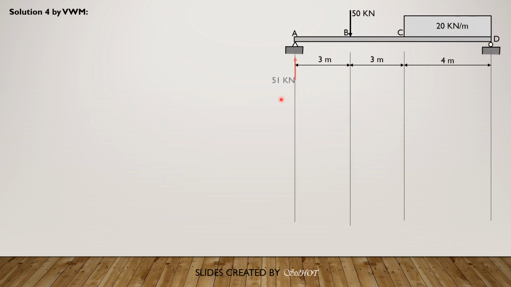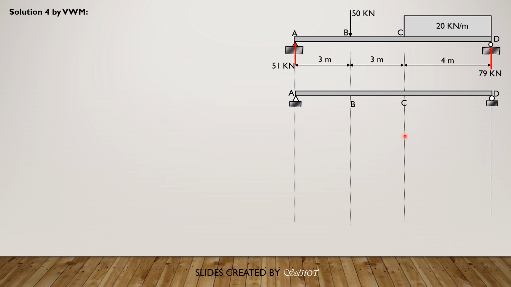Next, we proceed to solution number 4 by virtual work method. So remember the reactions. Then we draw another beam for the positive assumption of unit rotation at B, which is counterclockwise. So we have 1, 2, 3 segments.